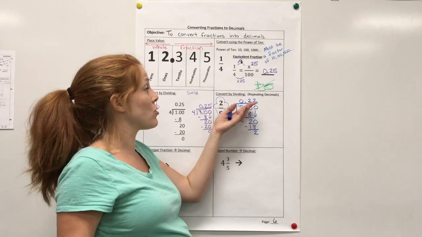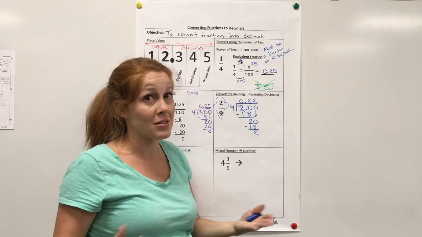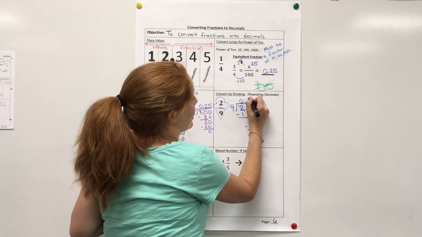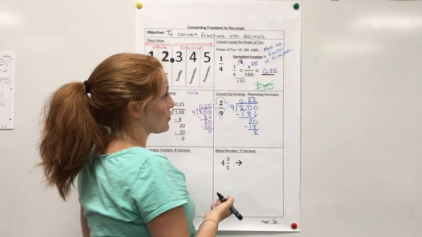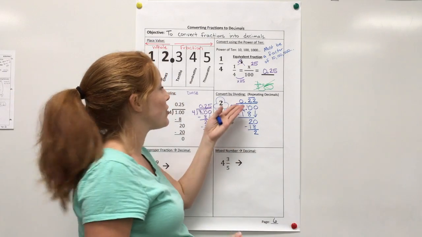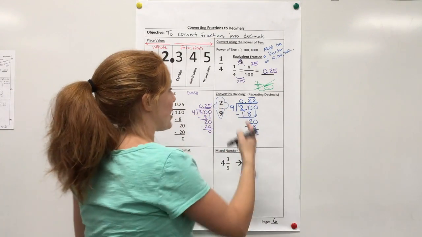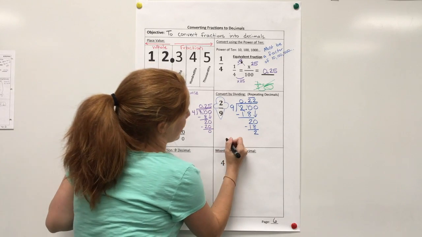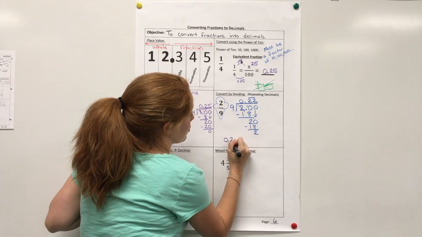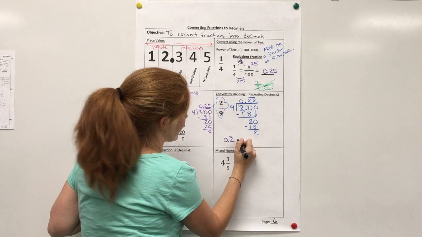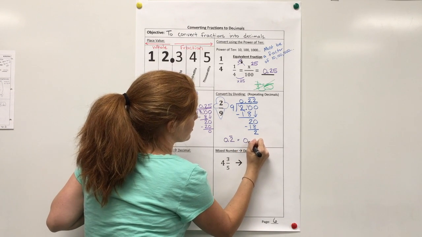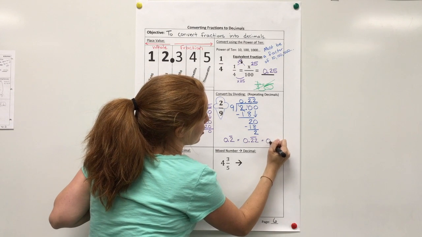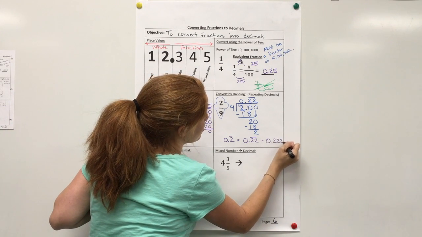So the way for me to show that this is the decimal that's just repeating, it's going to go 2, 2, 2, 2 forever. I can just put a line over the 2, over both of them if I want, and show that this is a repeating decimal. Now, really quick, if I stopped and put 0.2 with a line, that's the same thing as putting 0.22 with a line, or 0.222.